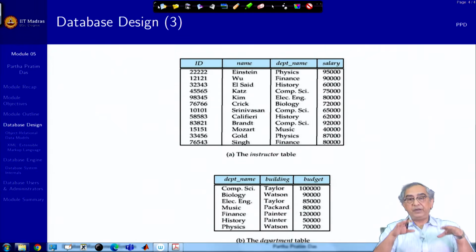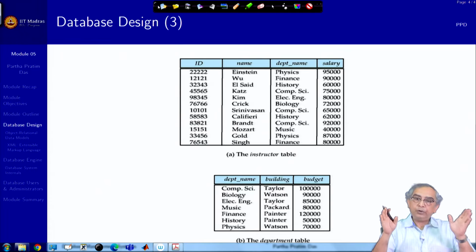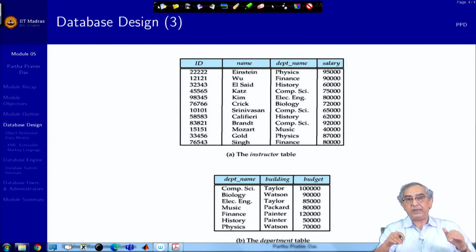So, both of these designs, one is a flat table in the earlier slide and then this is a pair of two tables, both of them maintain the data, both of them will have all the information, but there are serious reasons to prefer the two table design over the one table one.